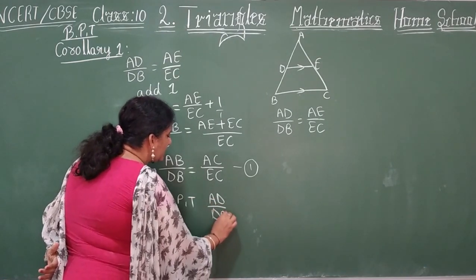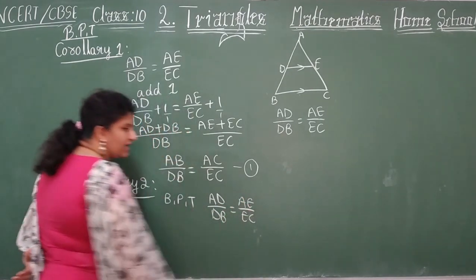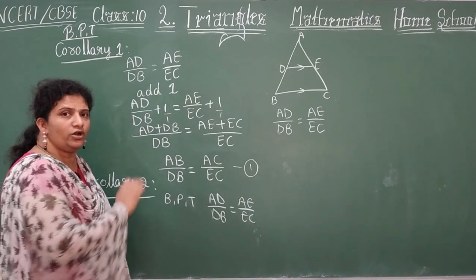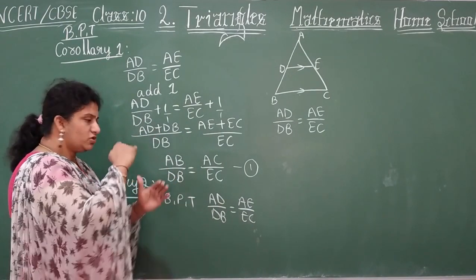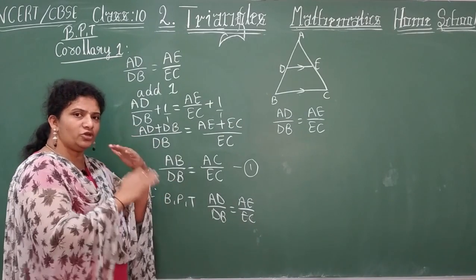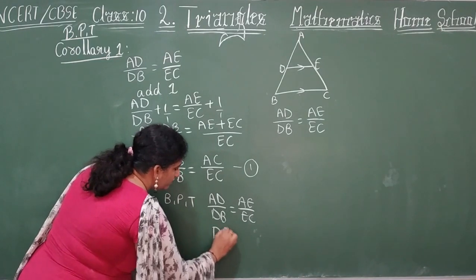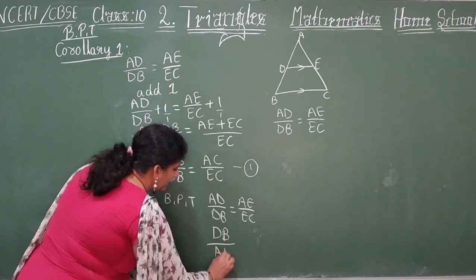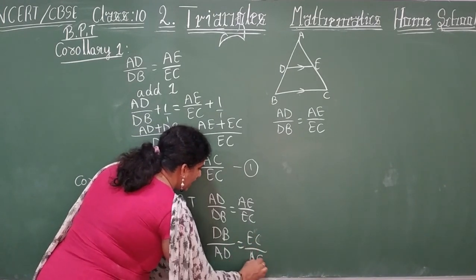AD by DB is equal to AE by EC. Do the reciprocal, or do the reverse order. AD by DB, do the reverse. So, denominator becomes numerator, numerator becomes denominator. That means DB by AD is equal to EC by AE.